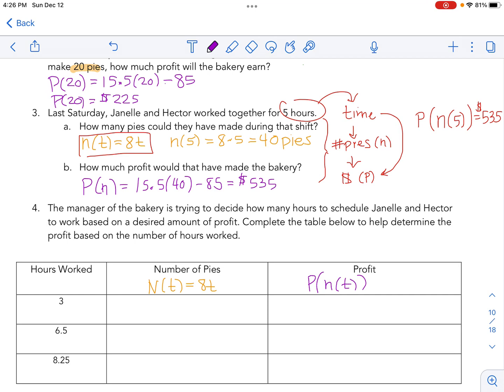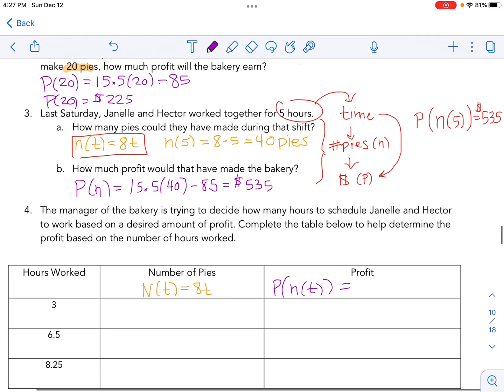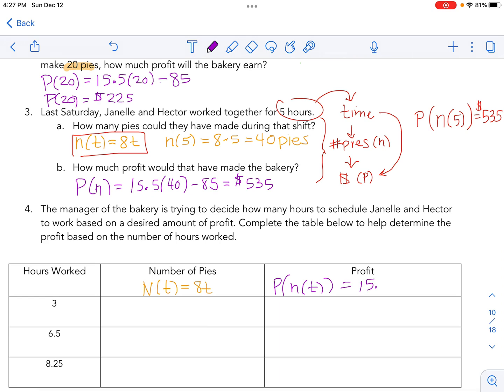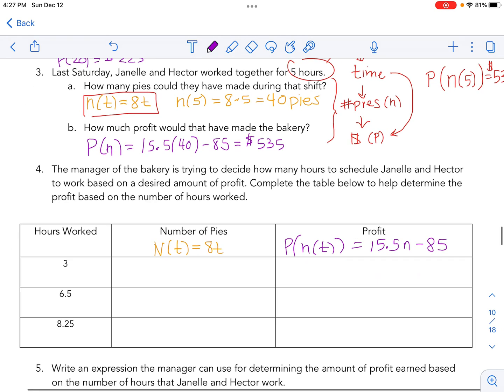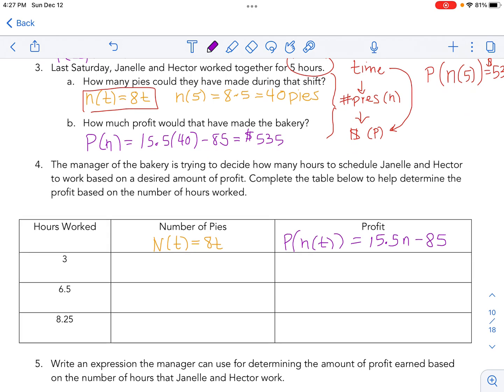So that profit is based on the number of pies they make, and it's going to be putting the number of pies into that equation. So that's going to be 15.5 n minus 85.